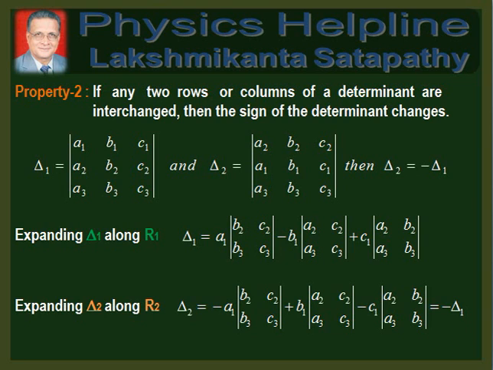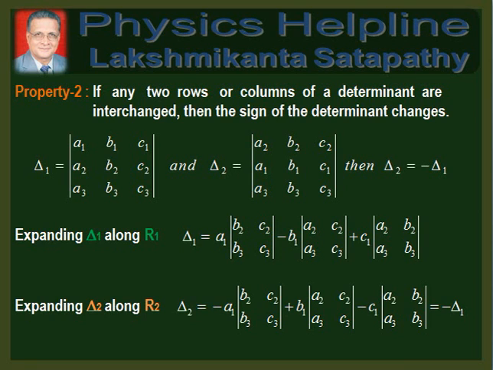Now for the second property. It states that if any two rows or columns of a determinant are interchanged, then the sign of the determinant changes. We have obtained the determinant delta 2 by interchanging R1 and R2 of determinant delta 1.